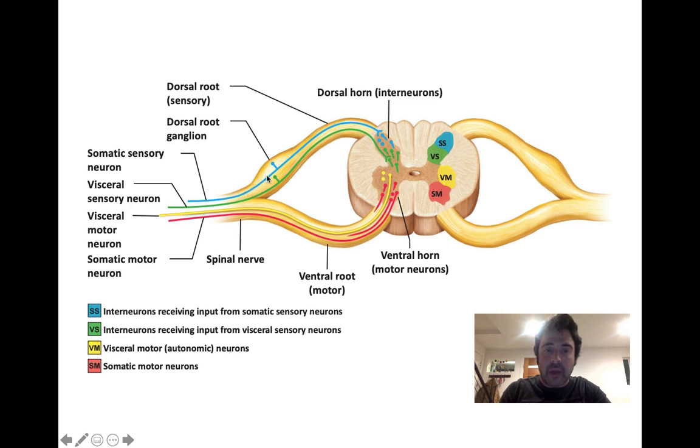Now remember that all sensory neurons from the previous lecture that carry somatic sensory and autonomic sensory information are unipolar neurons. Unipolar neurons only have one projection coming directly off their cell body, and that's this one right here. Because those unipolar neurons need a place for their cell bodies to exist, their cell bodies are actually within this structure called the dorsal root ganglion, which is part of the afferent pathway or the sensory pathway.